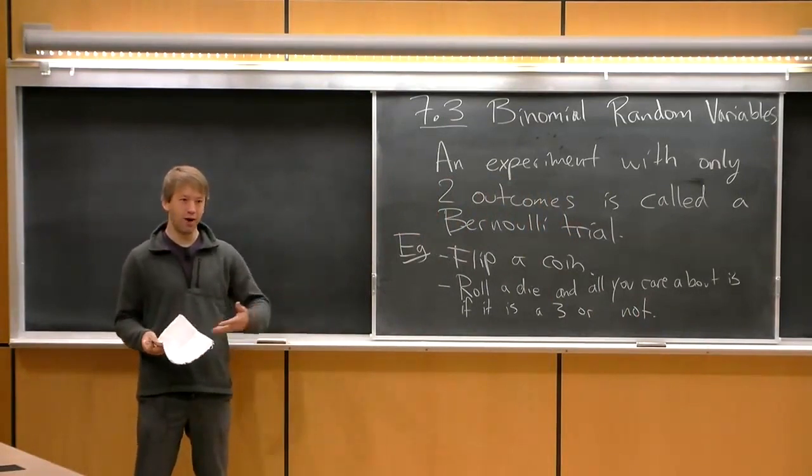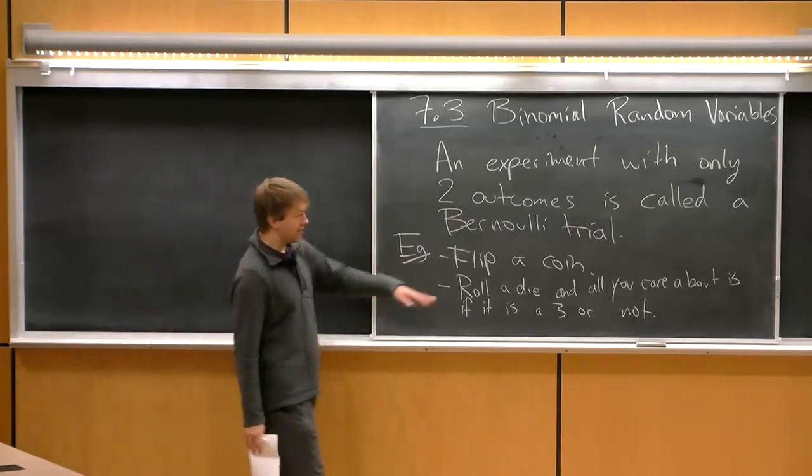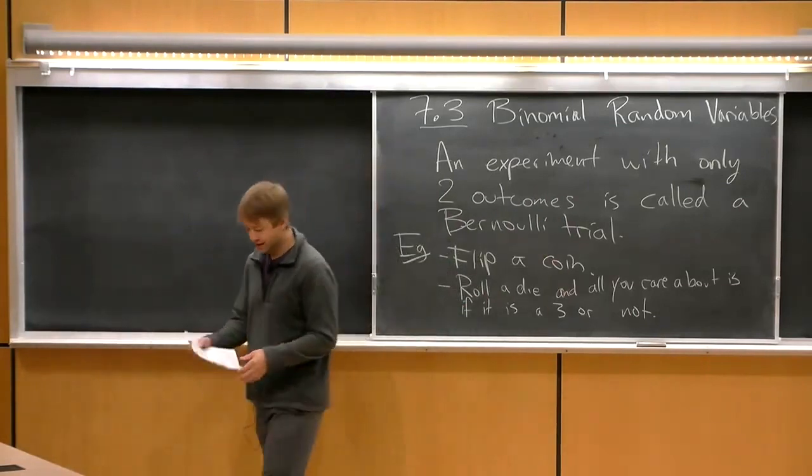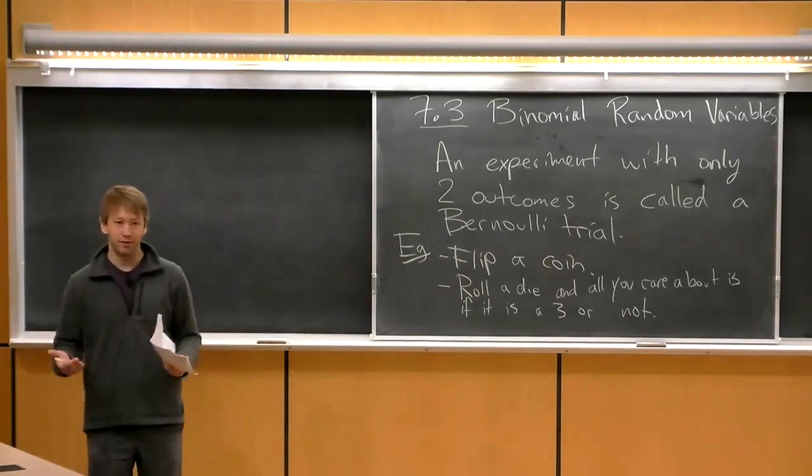Either it's a 3 or not. And they have different probabilities, right? The probability of being a 3 is 1/6. The probability of not a 3 is 5/6.